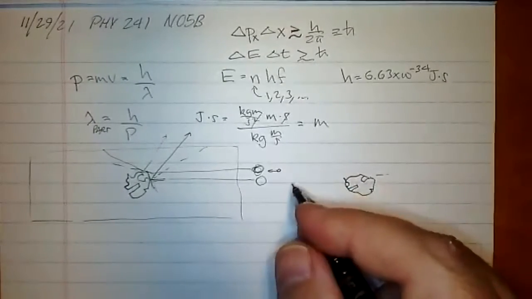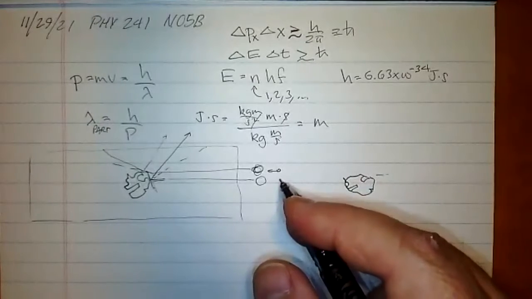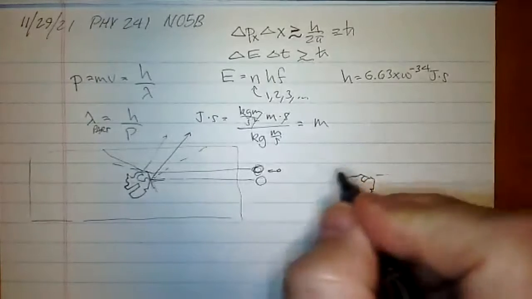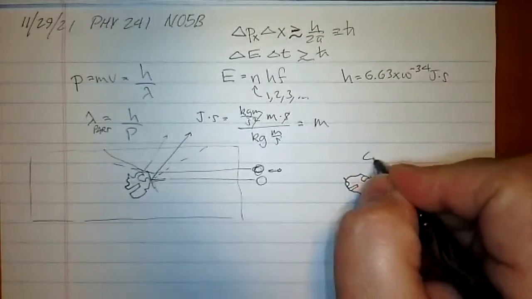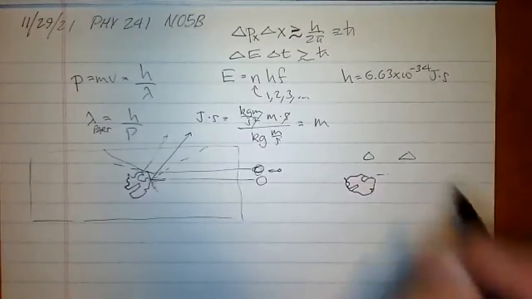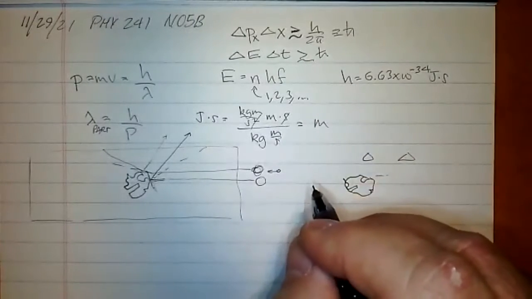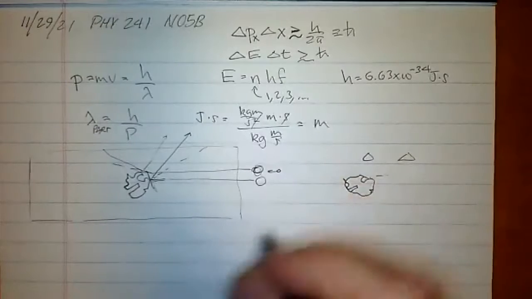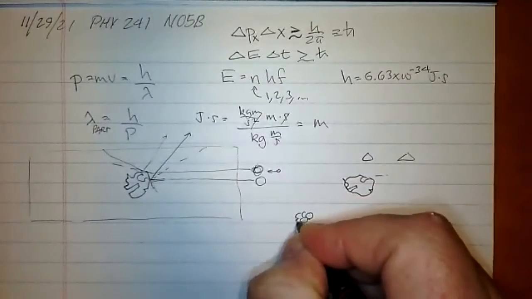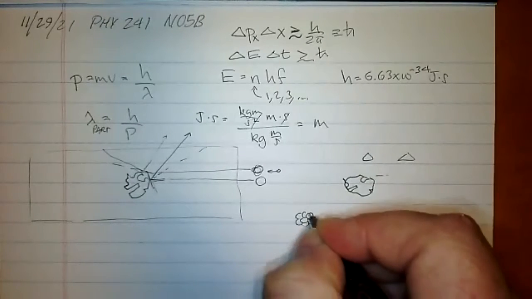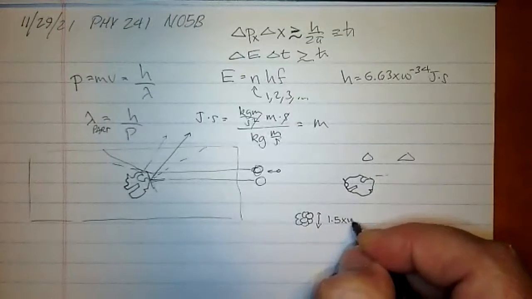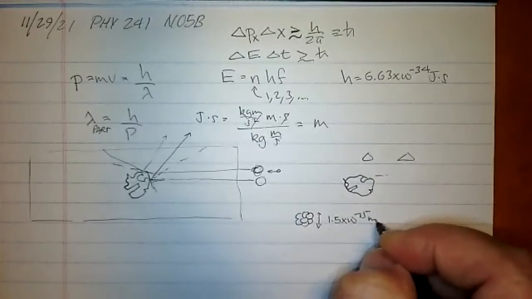So you try an even smaller thing than a BB. You go and order some specially made BBs that are even smaller. So what you realize is that in order for you to measure something of the size, say delta, then you need to use something of the size delta. So if we want to probe, say, the nucleus of an atom, which we normally picture as a ball of protons and neutrons like this, well, that thing is about 1.5 times 10 to the negative 15th meters across.